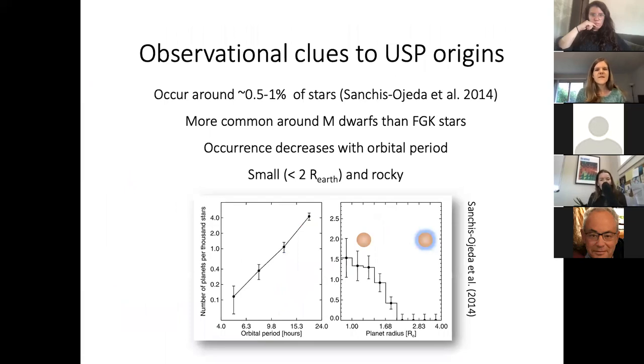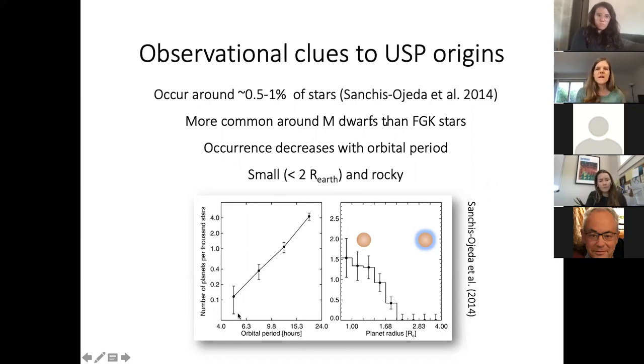So in trying to solve this puzzle, we can try to put together some of the observational clues. One clue is that these USPs are pretty rare, occurring only about 0.5% to 1% of sun-like stars. They're also slightly more common around smaller mass stars than larger stars. And their occurrence decreases with orbital period, as we can see in this occurrence rate plot to the left.